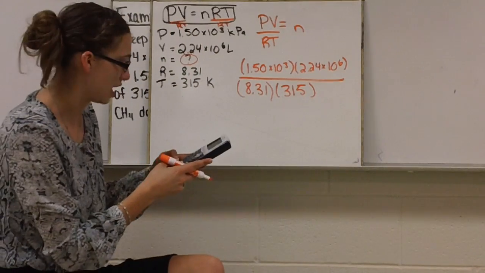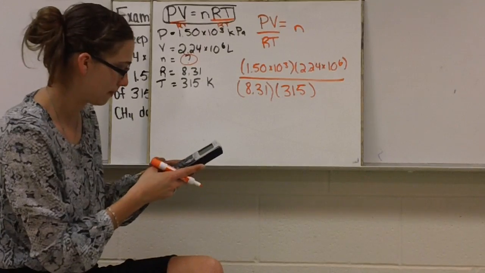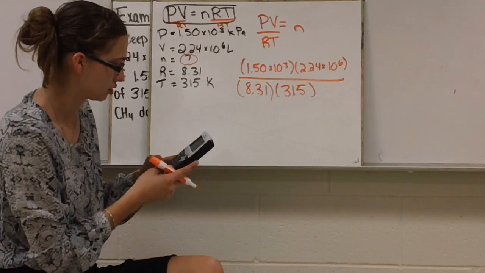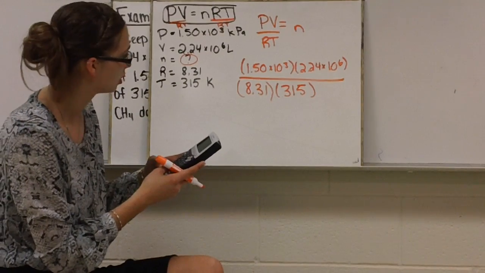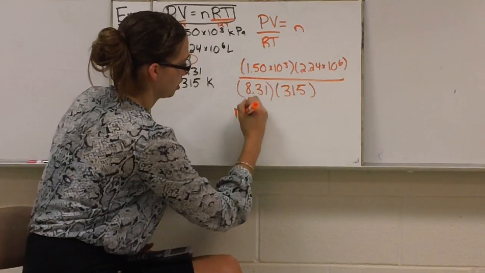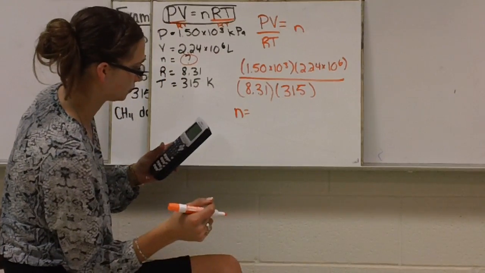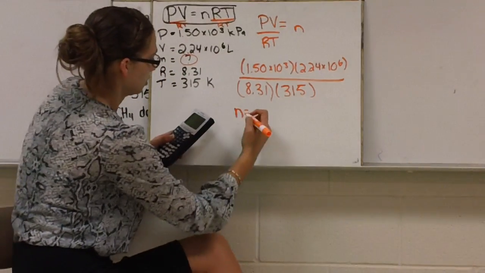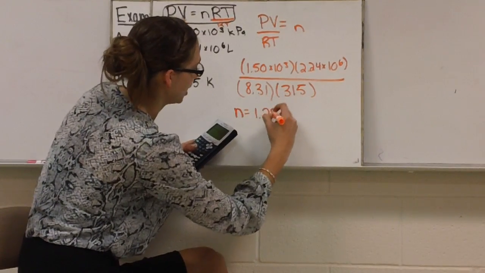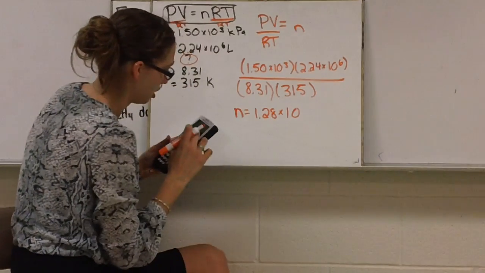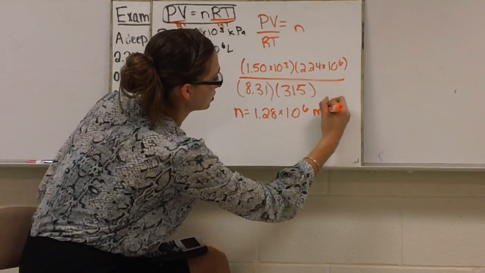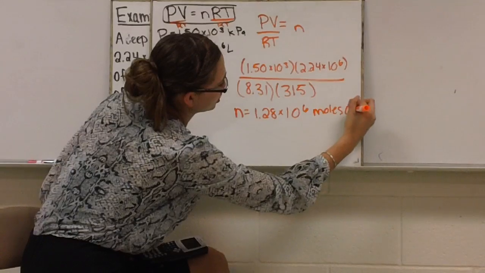So I do all this math, and I get n is equal to 1.28 times 10 to the 6 moles of CH4.